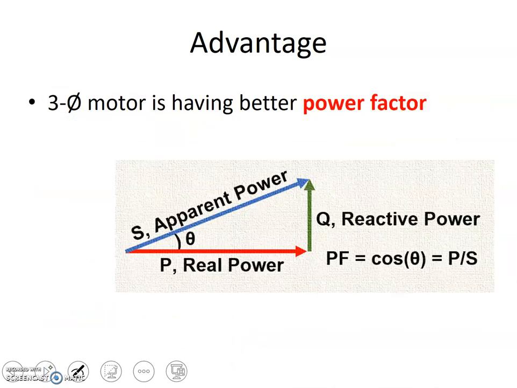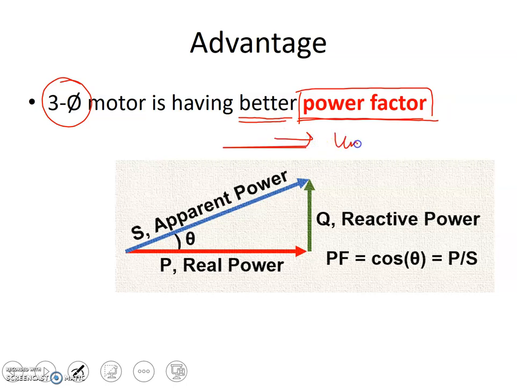Okay, then let's talk about power factor. The power factor in the case of a three-phase motor is better. By better I mean it is close to unity. At unity power factor, the current drawn by the machine will be least for the same power.